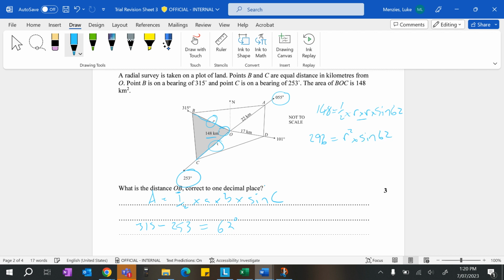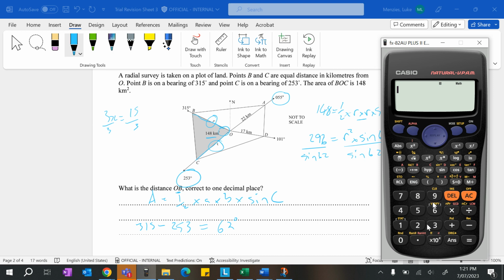Now sine 62 is just a number, right? So if I had 3x is equal to 15, you'd know dividing by 3 on both sides works. Same idea. We're going to divide both sides by sine of 62. We'll use our calculator.